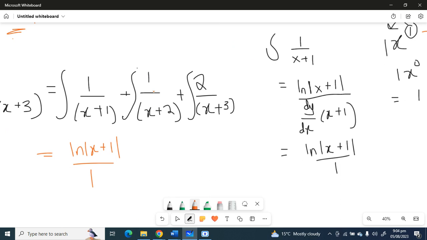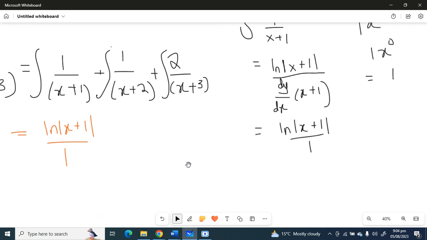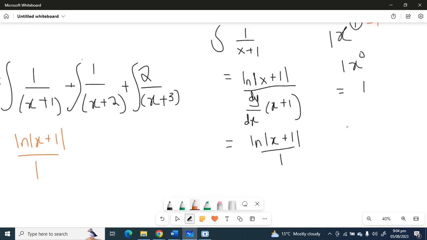We integrate this next fraction here, 1 over x plus 2. So you're going to write the natural log of the absolute value of x plus 2, over dy/dx. So you're going to differentiate x plus 2.